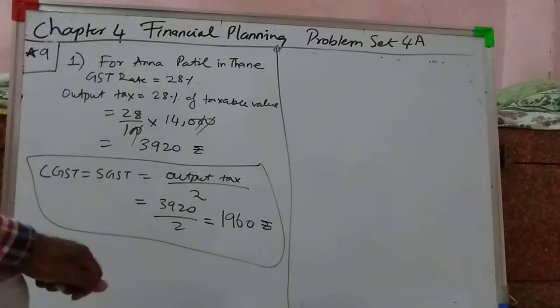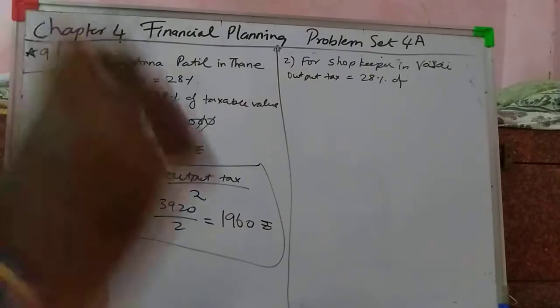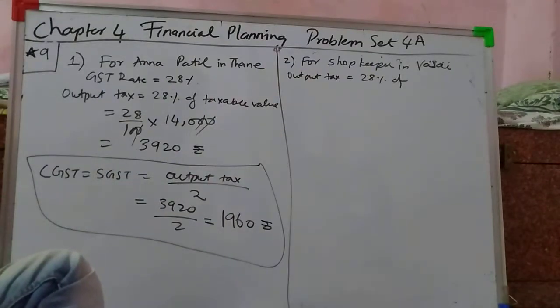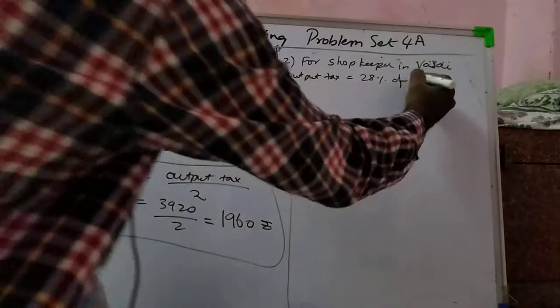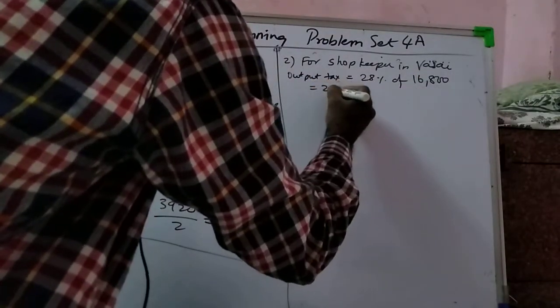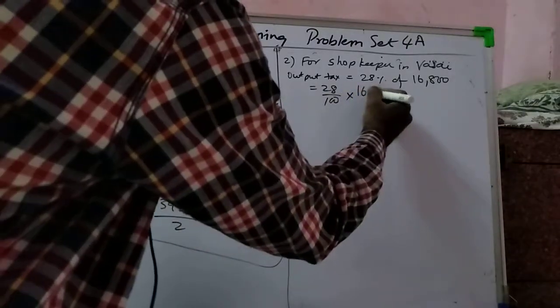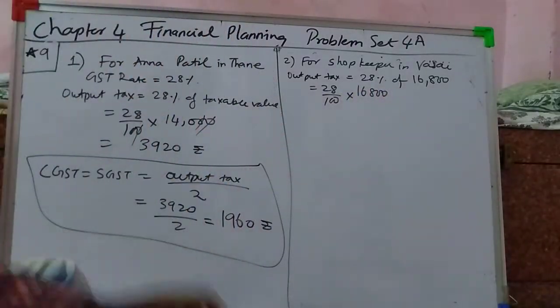Next we do the second. Now for the shopkeeper, the taxable value is different, 16,800. So that will become 28 upon 100 into 16,800.